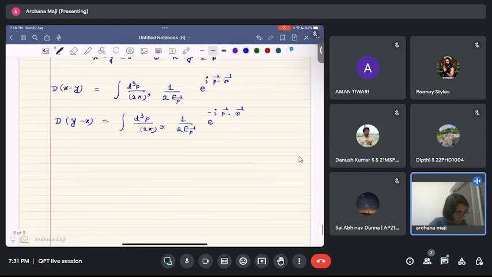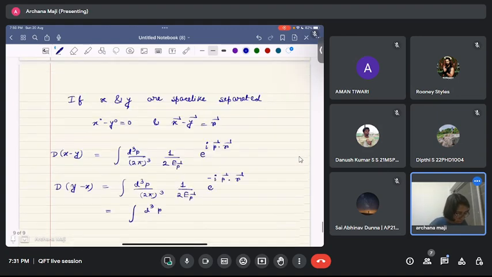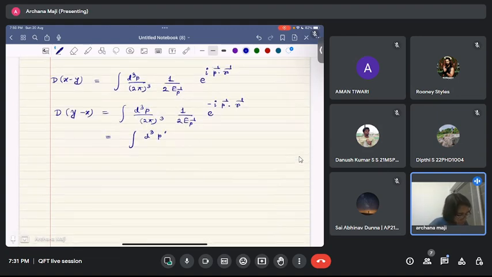Why? Because in the second term you can always replace p by minus p, right? So this trick we used in one of the earlier calculations: if we replace p by minus p prime, let me just say that again. So minus infinity to plus infinity. If you replace p by minus p prime, you will get d^3p prime, and one minus sign will appear because of d^3p prime.